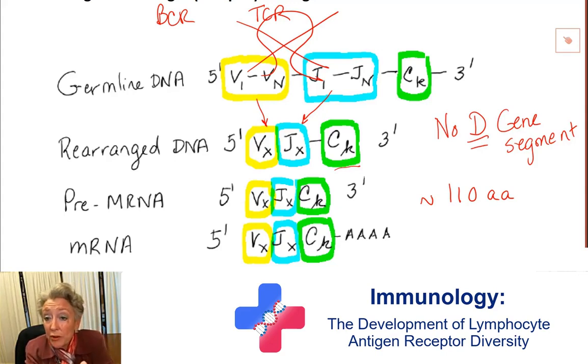Obviously, when I put the heavy and the light together, those 2 variable domains create the 3-dimensional shape of the idiotype. So I have created the antigenic specificity of this molecule for the remaining life of the cell.